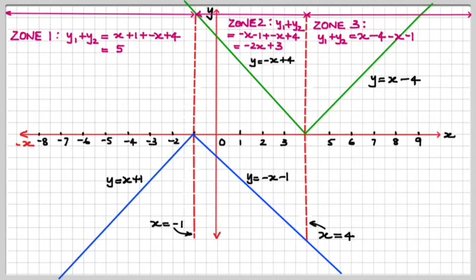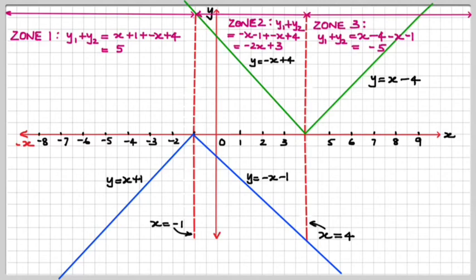So if you add them all up, what do we get? Oh look, the x's are going to cancel out again, guys. How fascinating. So therefore we're going to get minus 5. So that's telling you that everywhere in this zone the combined value of y1 and y2, that is the added value of y1 plus y2, comes to minus 5. This is very, very interesting. We're reaching the end of the road here, and I think we've got a successful result.